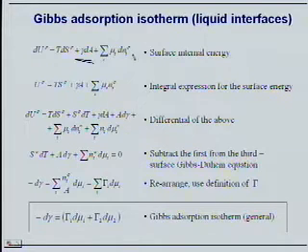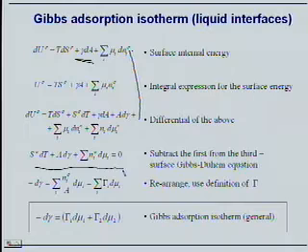Now, we can subtract this expression, which is the differential of what matters, from this expression, which is the differential of everything. And we have this expression, which tells us that this sum of terms equals 0.